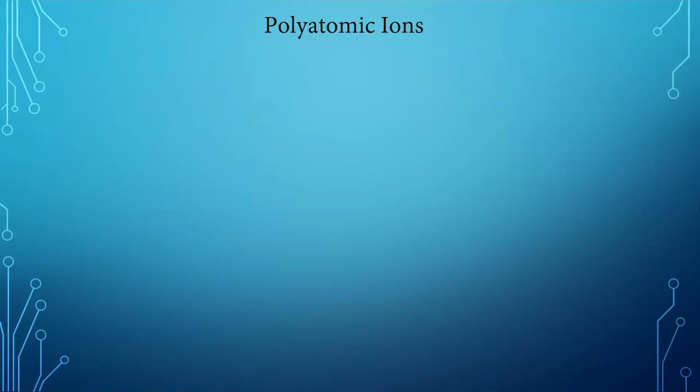There's a different class of ions which are called polyatomic ions. All of the ions we've been looking at so far are monatomic, and of course mono means one, atomic means atom. So a monatomic ion is simply a single atom with a charge. Things like a magnesium ion or a nitride ion, all the ions we've been looking at so far are monatomic ions. They're formed when an atom either gains or loses electrons.